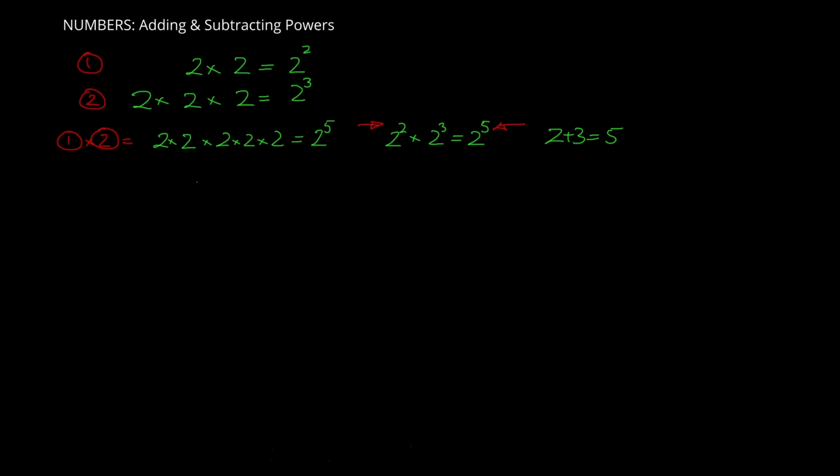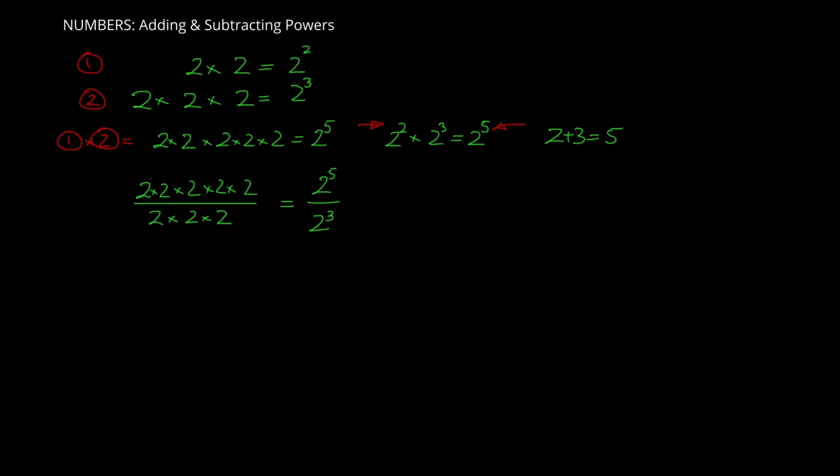Let's take our 2 to the power 5 and divide it by 2 to the power 3. On this side of the equal sign, I'll do the calculation in 2's. Do it the longhand way. So this is 2 times 2 times 2 times 2 times 2, and we're dividing it by 2 times 2 times 2.